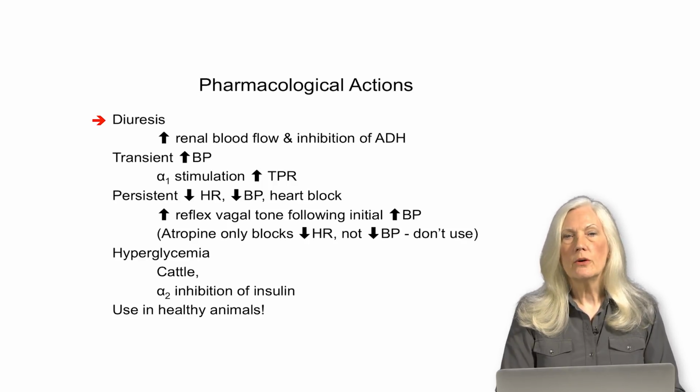The stimulation of alpha-1 receptors causes increases in sympathetic tone, resulting in an increase in total peripheral resistance, transiently increasing blood pressure. This is clinically important in cases of head trauma or internal bleeding, as the increase in blood pressure might increase bleeding, hypovolemia, and even cause death.